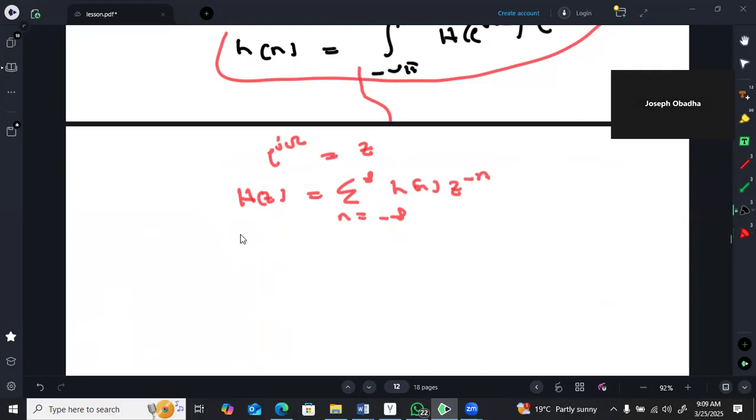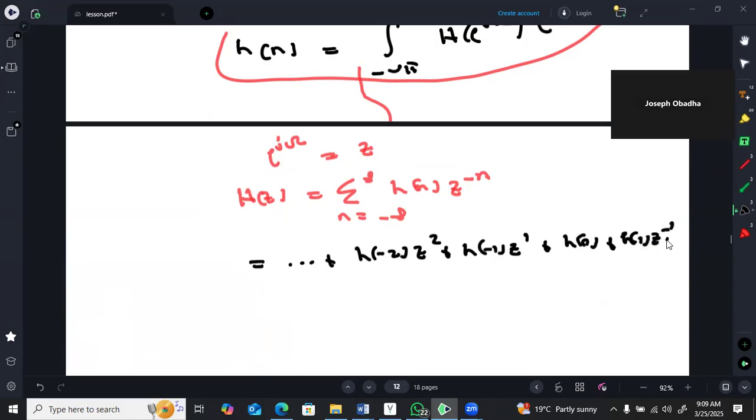In other words, I will have something like this: plus h(-2) z^2 plus h(-1) z^1 plus h(0) plus h(1) z^{-1} plus h(2) z^{-2}, which implies what would actually come out here is a non-causal filter.